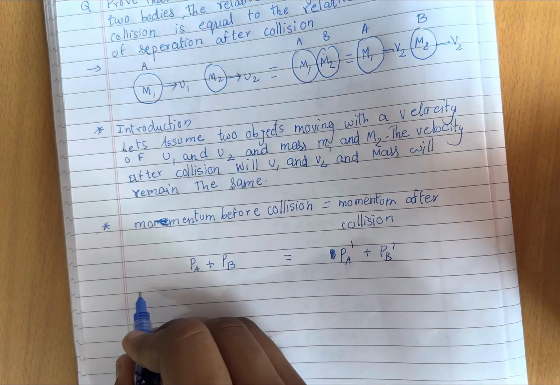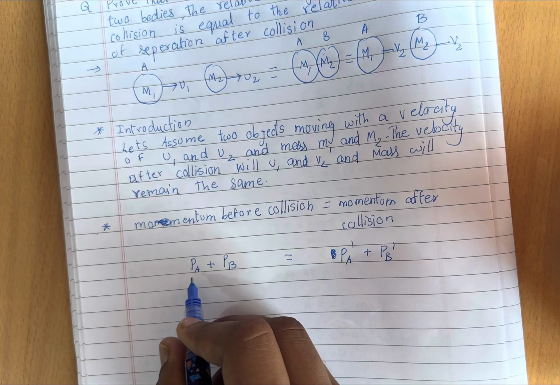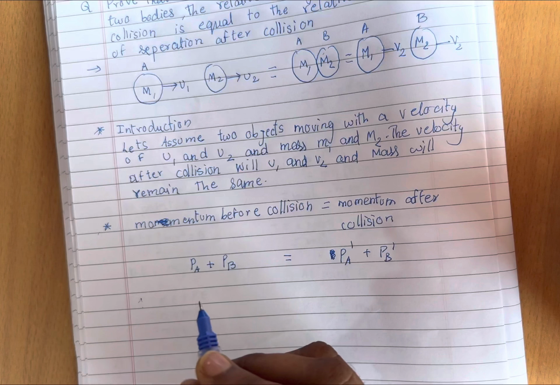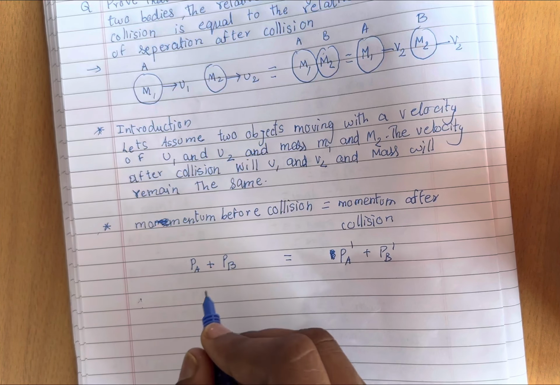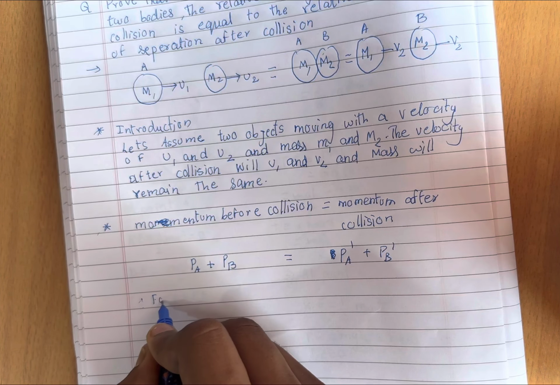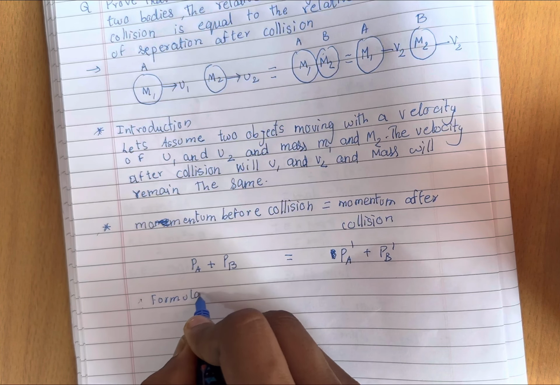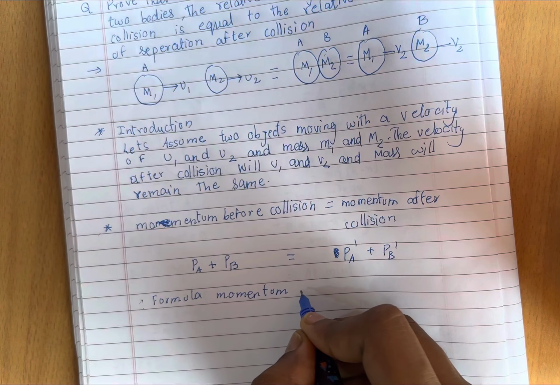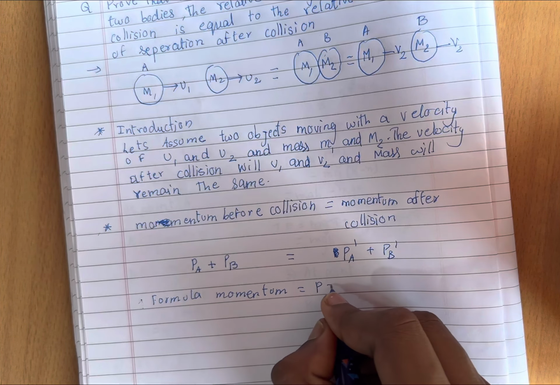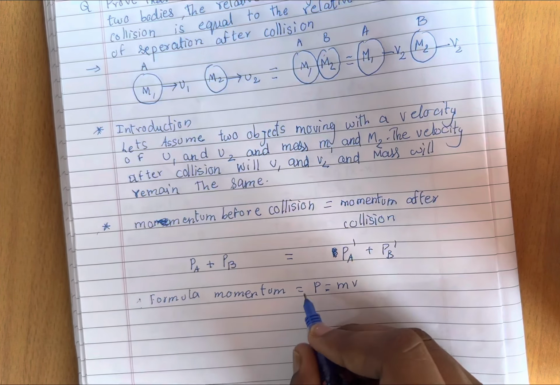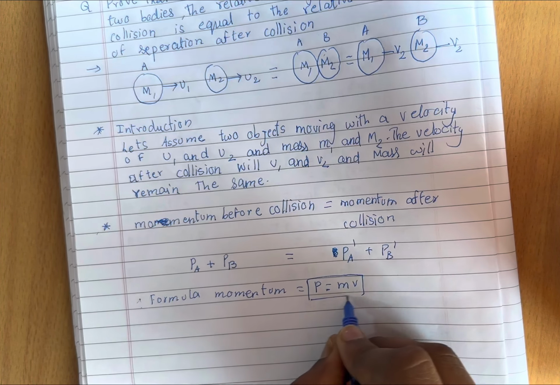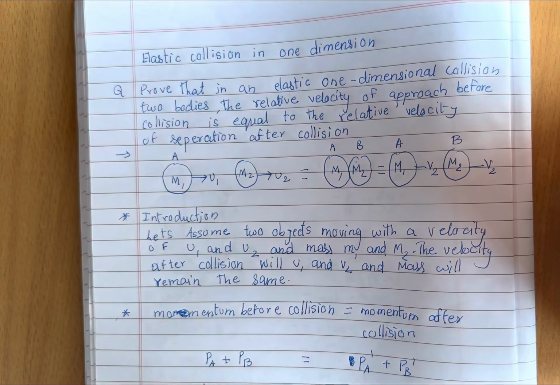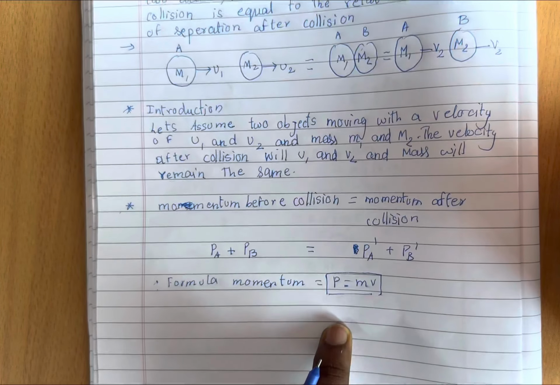So momentum of A block will be equal to, so let's first see what is the formula of momentum. The formula of momentum is P is equal to mv, right? This is the formula of momentum. We have to arrange this object's mass and velocity in this formula.